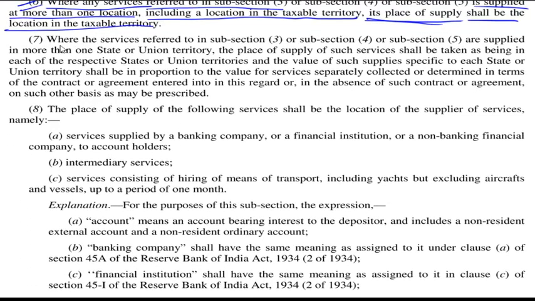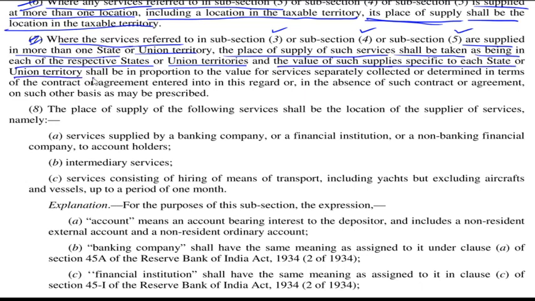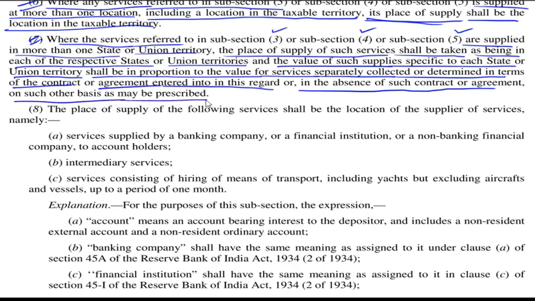Let's see what subsection 7 prescribes. Where the services referred to in subsection 3, subsection 4 or subsection 5 are supplied in more than one state or union territory, the place of supply of such service shall be taken as being in each of the respective states or union territories, and the value of such supplies specific to each state or union territory shall be in proportion to the value of services separately collected or determined in terms of the contract or agreement entered into in this regard, or in the absence of such contract or agreement, on such other basis as may be prescribed.